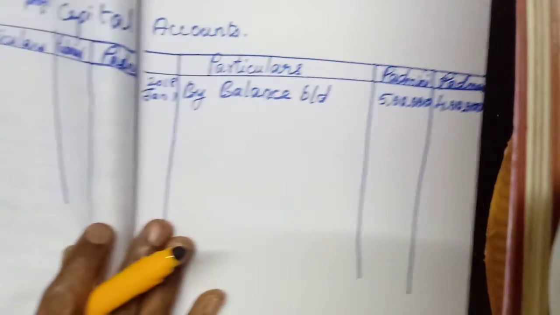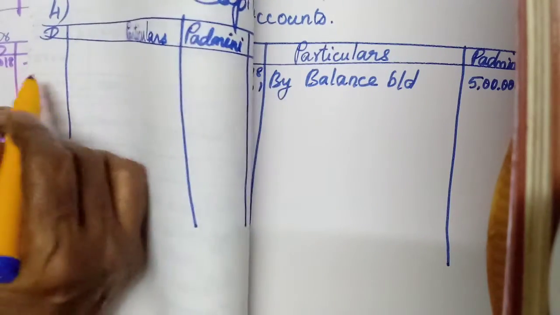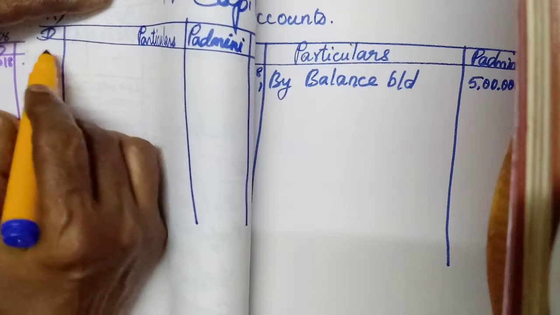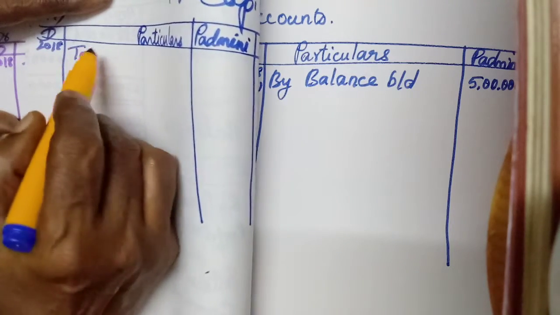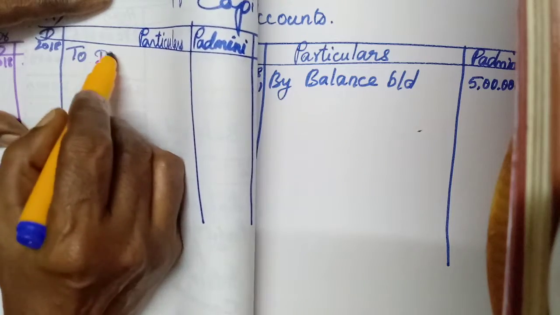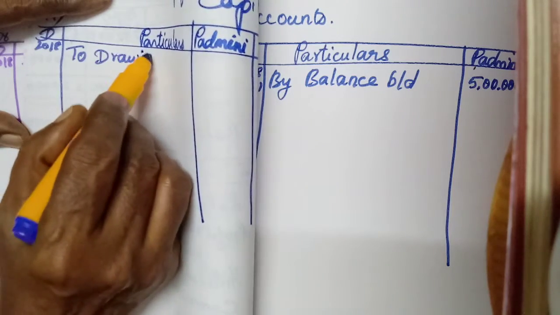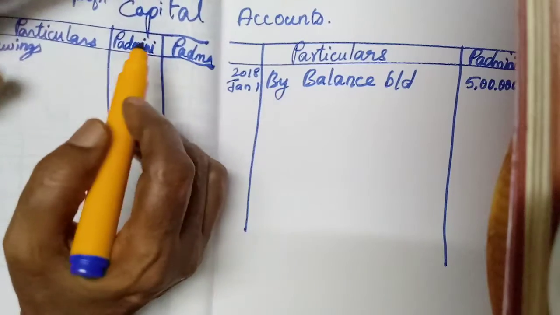Then drawings. Drawings will be written on the debit side. No date is given, so don't write. Only write the year, 18. To drawings, 70,000, 40,000.